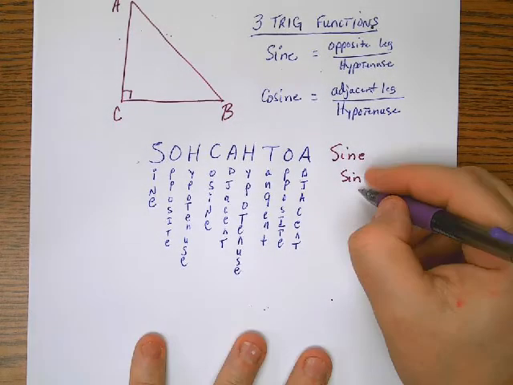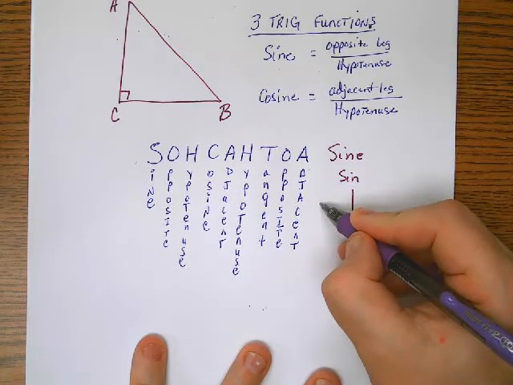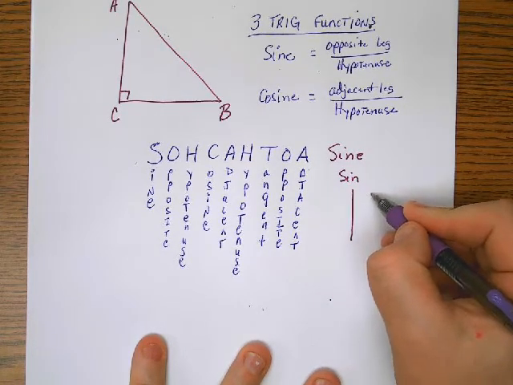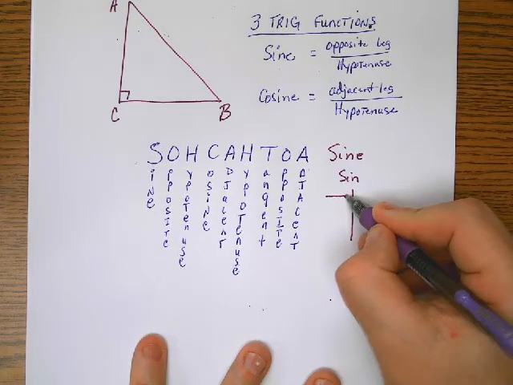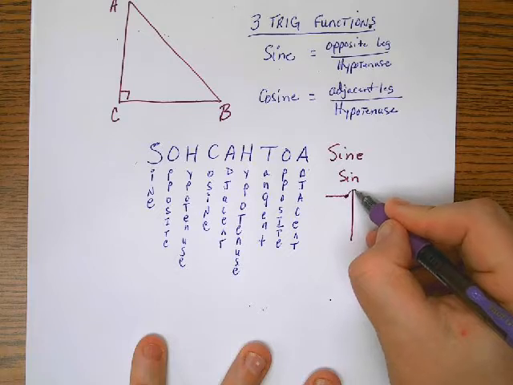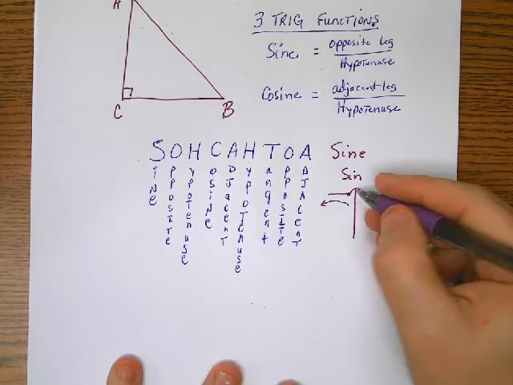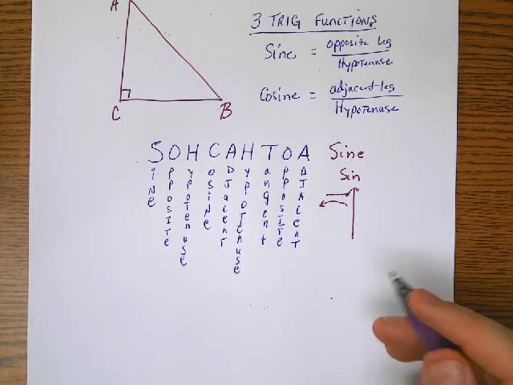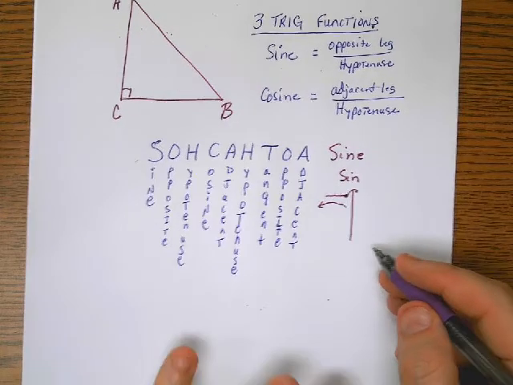If this is the line, and this is righteous behavior, and this is bad behavior, sin, why is it that we want to see how close we can get? Okay, that's another discussion for another time. But sin, can we all agree we want it away from us? It's on the opposite side. Sin, opposite over hypotenuse. So that's one way to think of it.